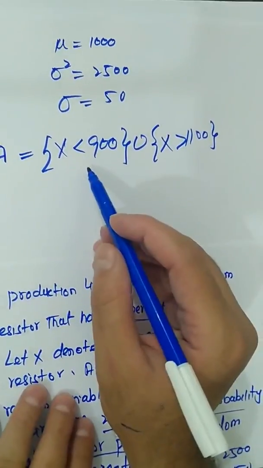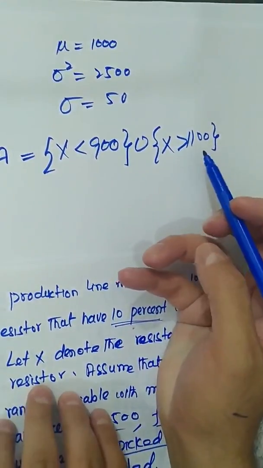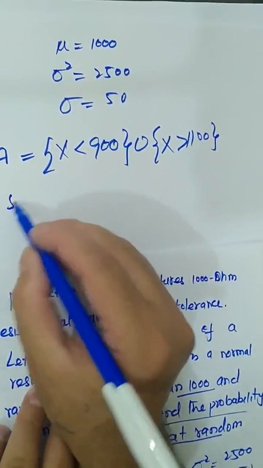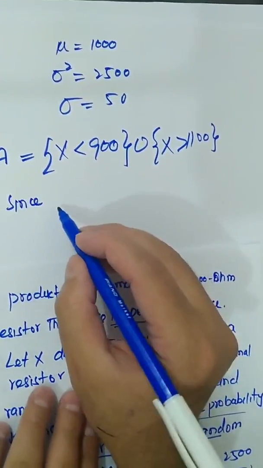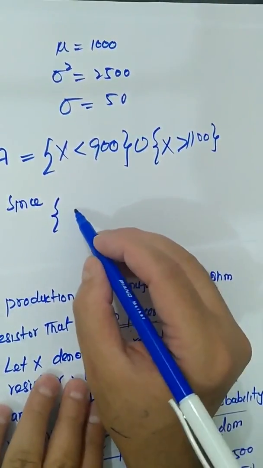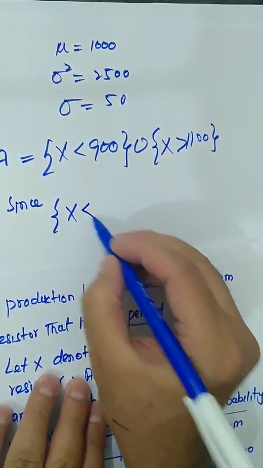These two, x less than 900 and x greater than 1100, are mutually exclusive.